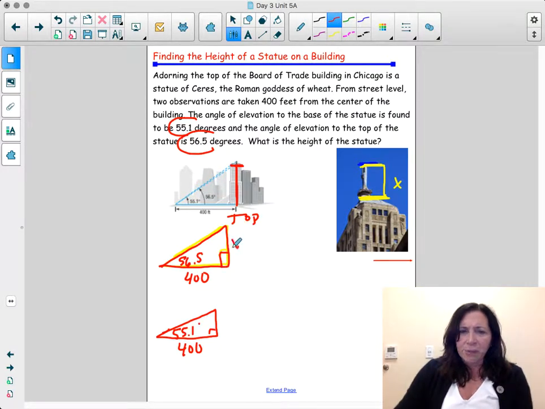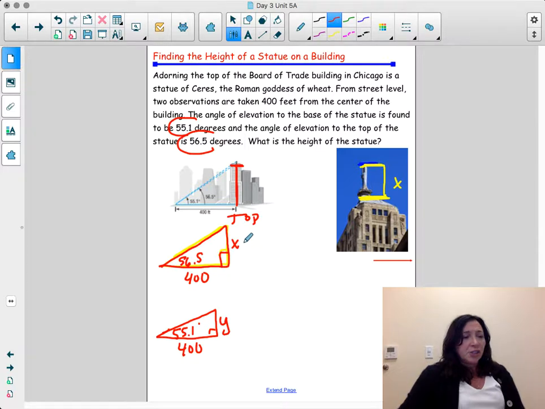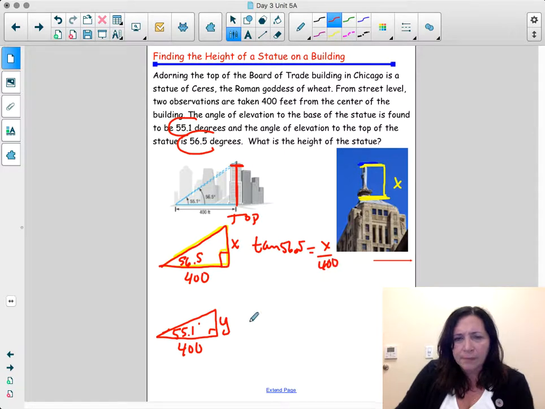And like I said, I'm going to call that X and that Y. What we're looking for is the height of the statue, not the height of the building. I don't have any hypotenuses, so we're going to use tangent. So tangent of 56.5 is equal to X over 400.